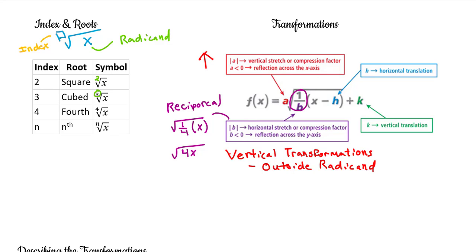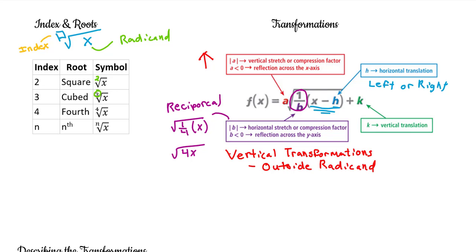Horizontal translations help us move left or right. In this particular case, think about what value of h will make this 0. That's the direction you're moving.